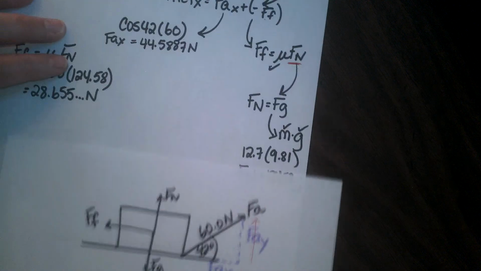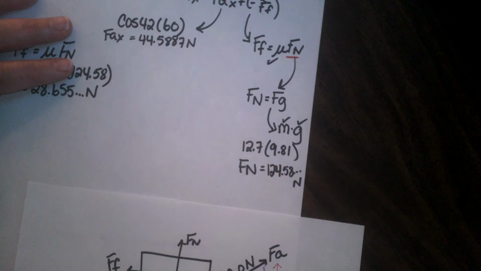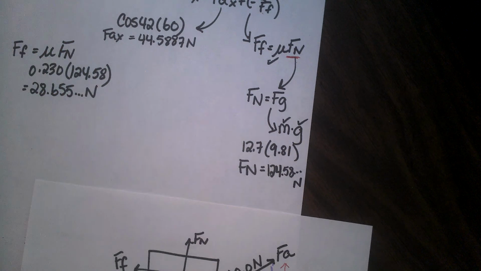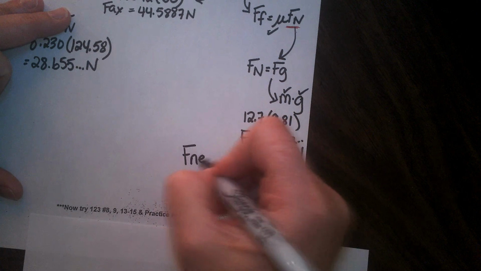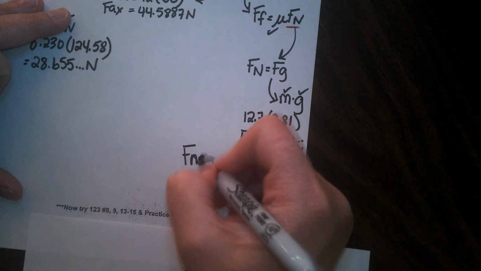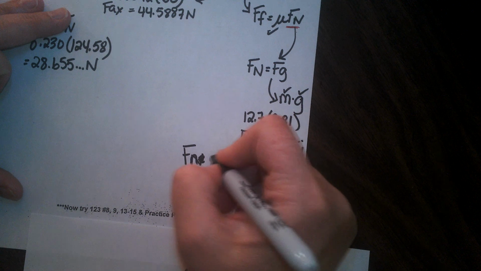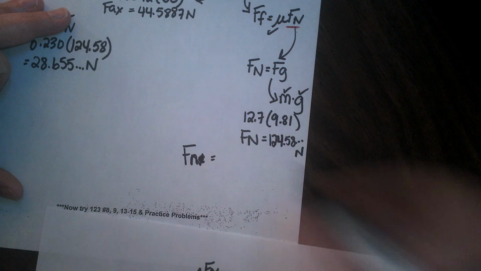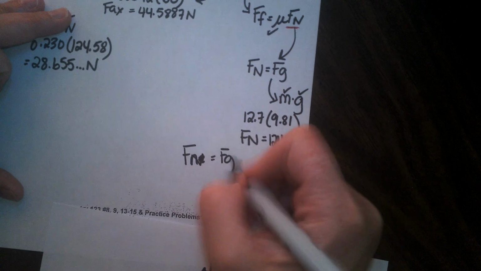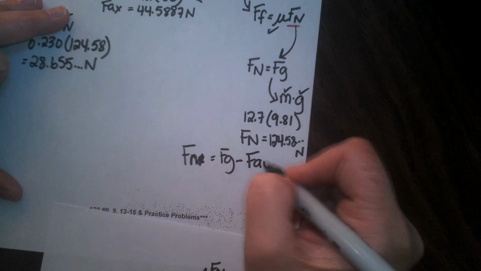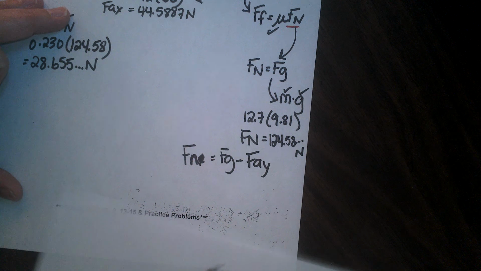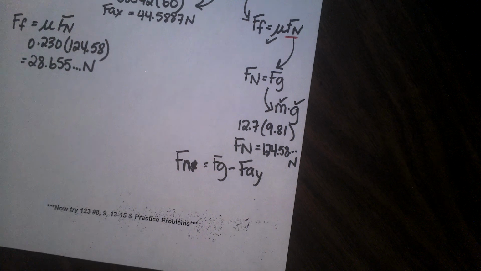So when we go to this step here, we're only partly right. We need this piece here. Force normal is equal to force of gravity, which we solved right here, minus force applied y, because we need that vertical piece.